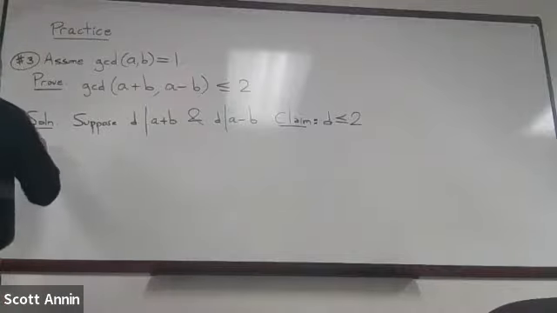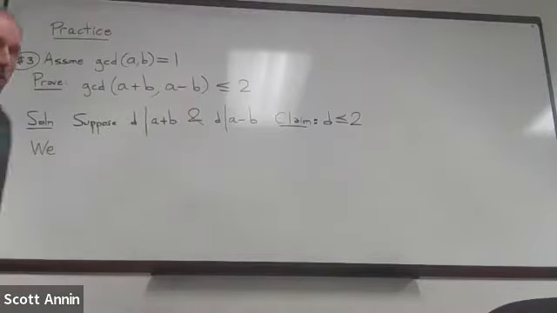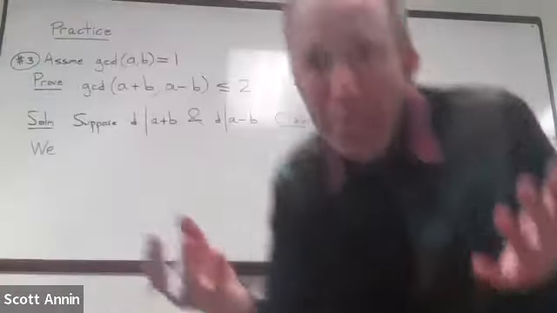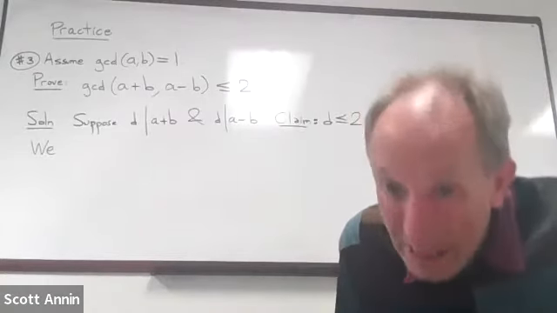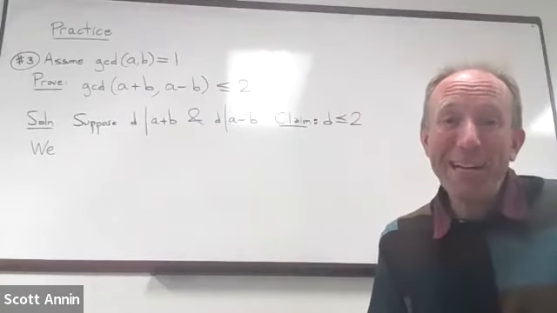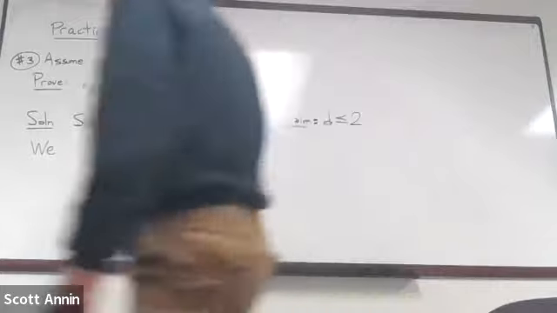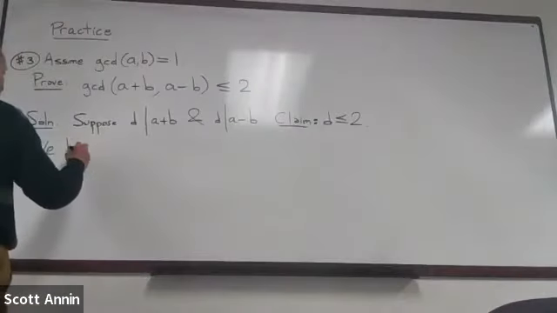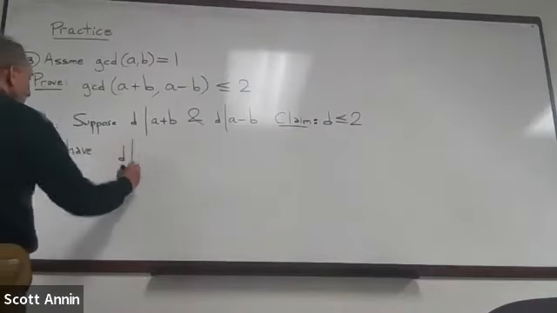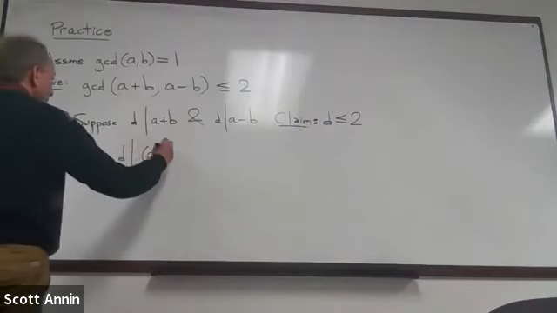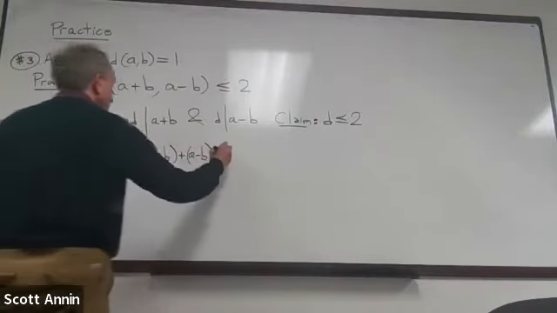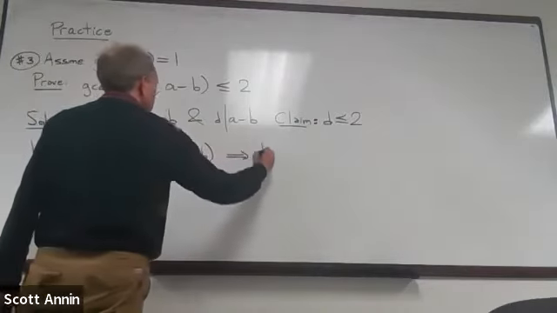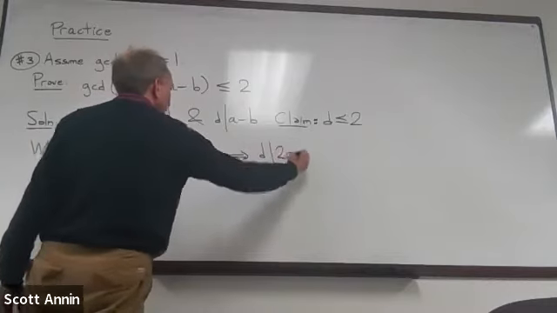Well, remember, guys, that when D divides 2 numbers, it's also going to divide any combination of those 2 numbers, right? We can actually add these together. I actually just want to add them for a moment. A plus B plus A minus B. And in other words, D is going to divide 2A.